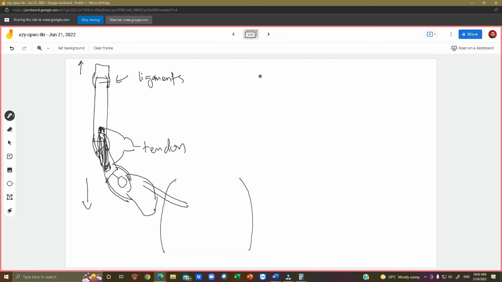So, kalau kata tulang kita tu kan, okay, kita ambil ni, your radius and ulnar. So, when you subjected this bone to a tension, what is going to happen is this bone will be subjected to a pulling force, which makes the molecules within the bone try to separate.